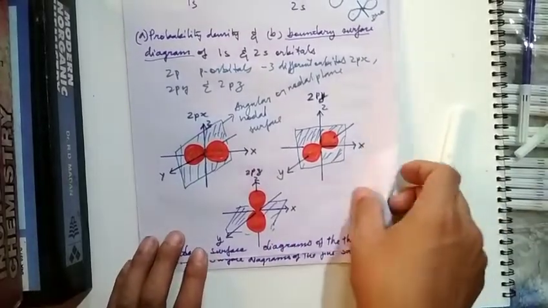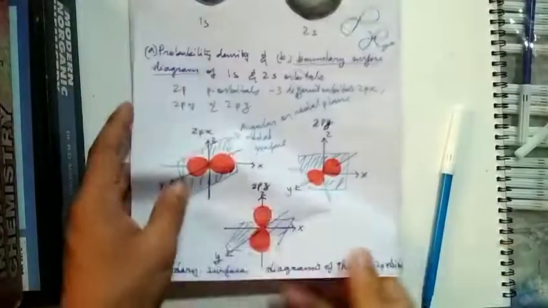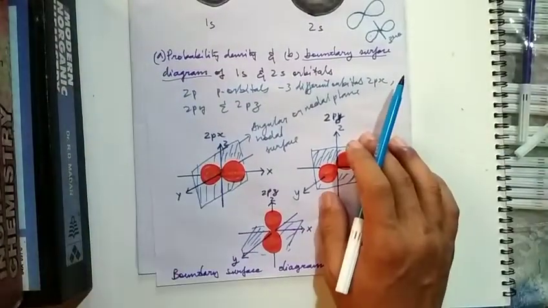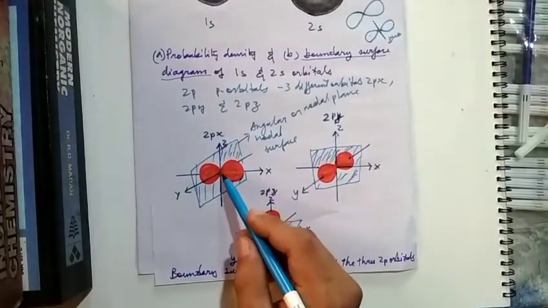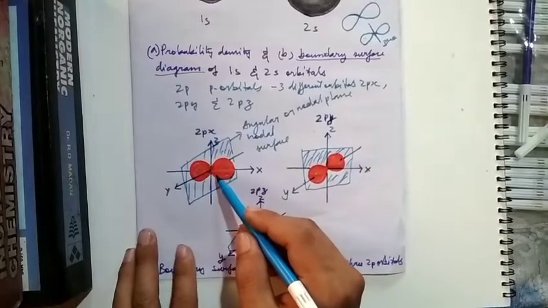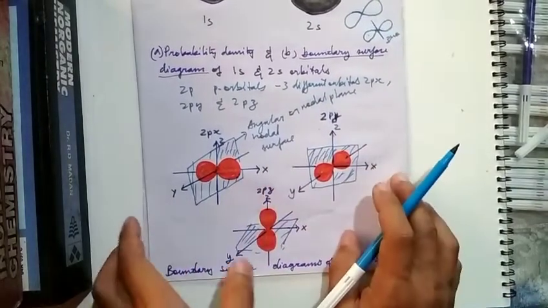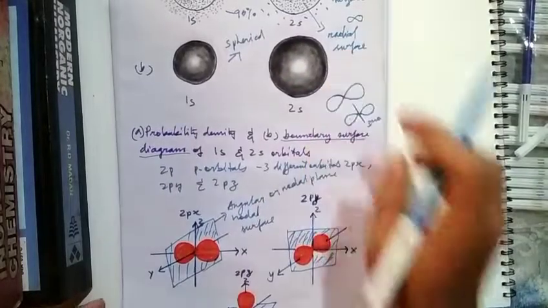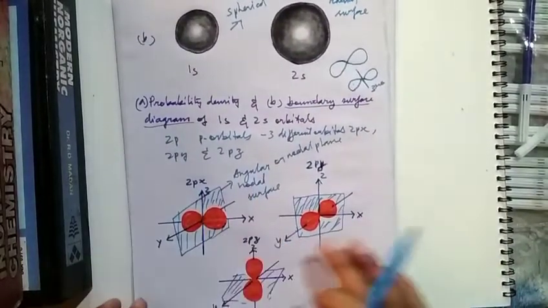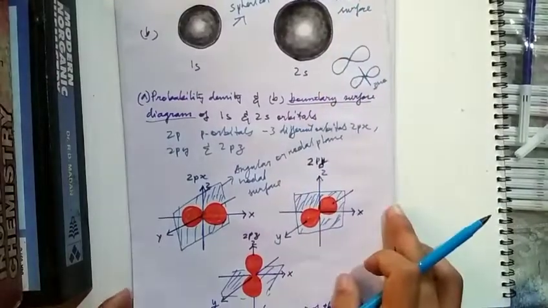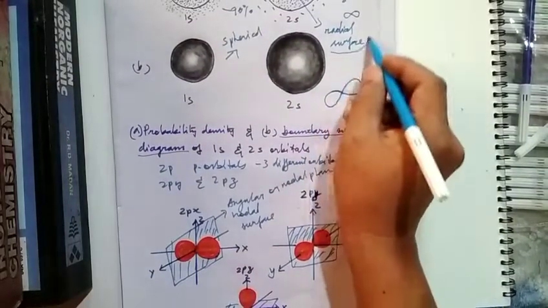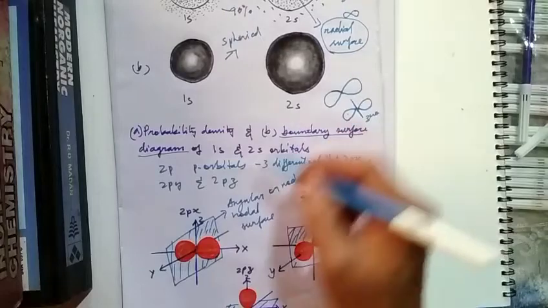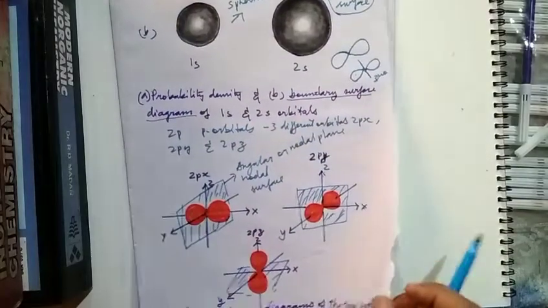Plane means like this paper. So in this case, there will be no radial surface, as in s orbital. For p orbital, no radial surface will be present. Radial surface is absent for p orbitals.